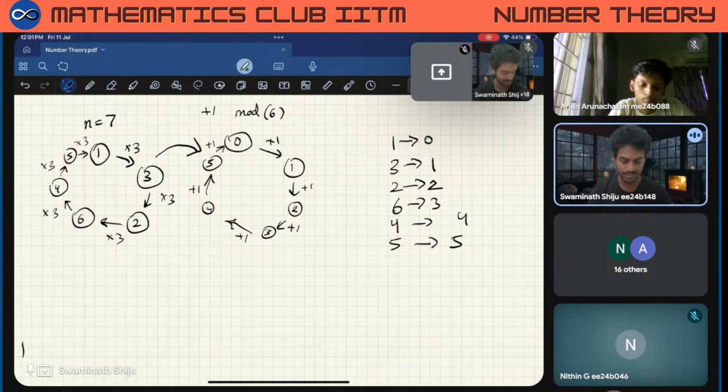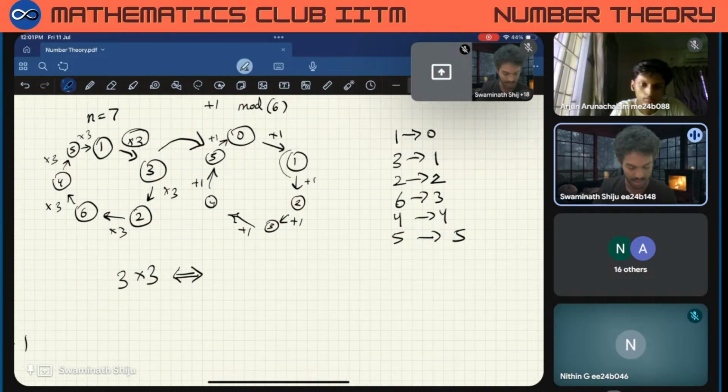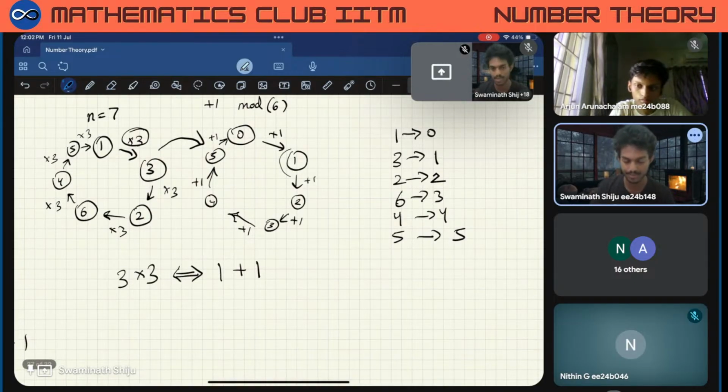Now I'm going to say that multiplying by 3 here, say I wanted to do 3 times 3, is equivalent to doing 1 plus 1 here. That is my claim. Doing 3 times 3 here is equivalent to doing 1 plus 1 here, according to this map.